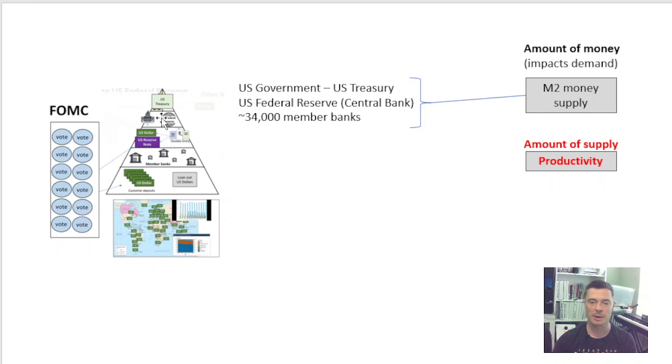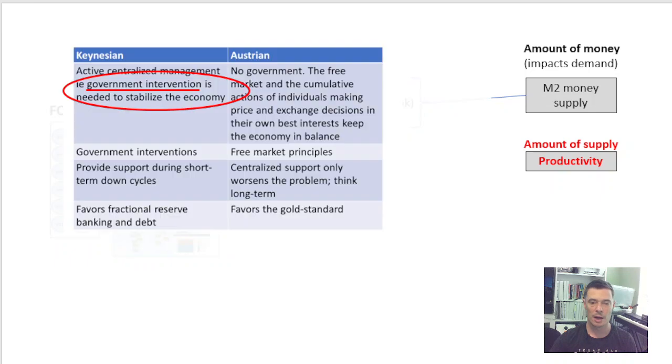They're essentially creating money, and then they issue Federal Reserve notes as liabilities backed by that, which the member banks then use to create even more money. So the quantity of money going up is a result of this 12-member board voting on how much to increase the M2 money supply.